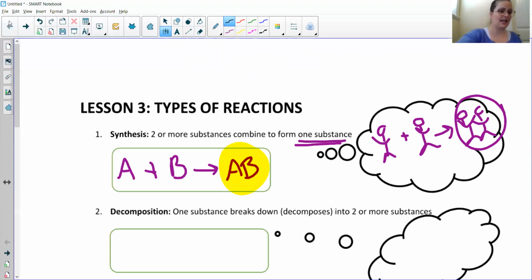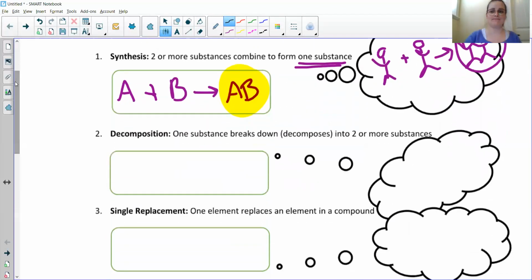So now going to our second type is decomposition. This is the exact opposite of synthesis. You have one reactant, just one thing to the left of the arrow, and it breaks apart into 2 or more things. Okay.